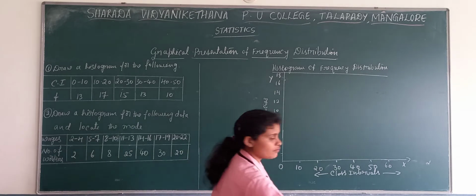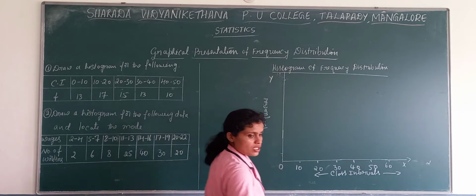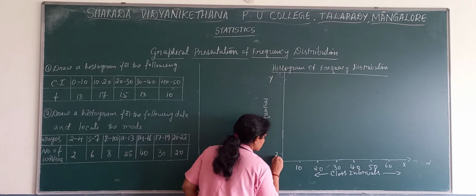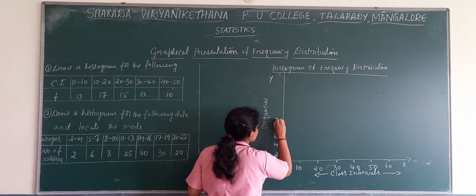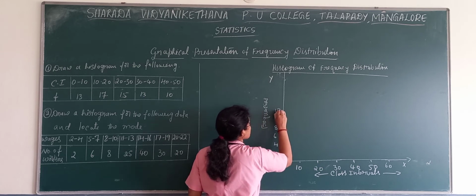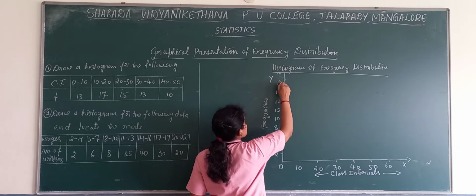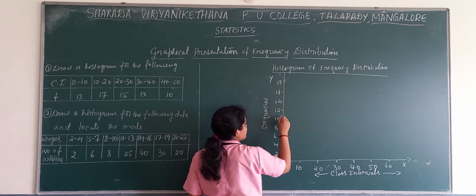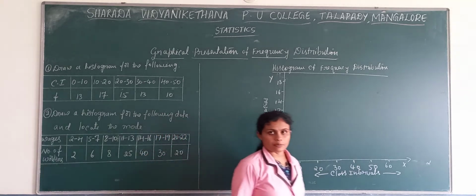Till 18 we will move. Write once again: 2, 4, 6, 8, 10, 12, 14, 16 and 18. Now see the frequency distribution table there.